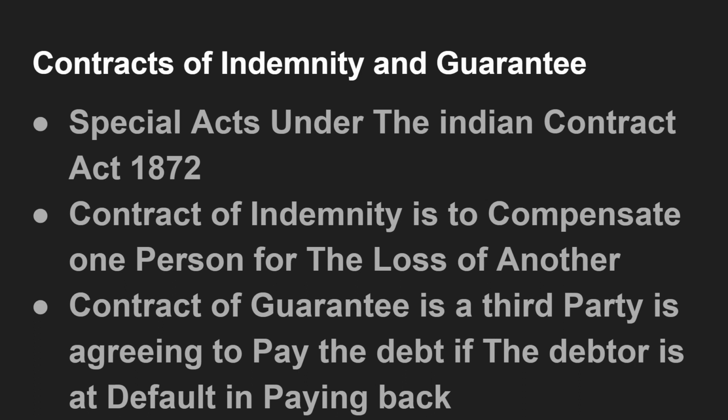So guarantee means taking somebody's loss. If they are at default in paying, the guarantors are giving the assurance that they will pay. They are giving the guarantee for that contract. Indemnity is somebody giving the assurance that if something happens, they will compensate the loss. So these are the related terms, indemnity and guarantee.